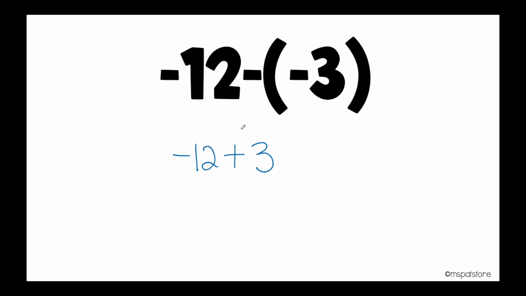So now, when you're adding integers with different signs, you need to subtract them. So 12 minus 3 is 9. But hold on, I need to use the sign of the greatest absolute value. In this case, it is negative 12.